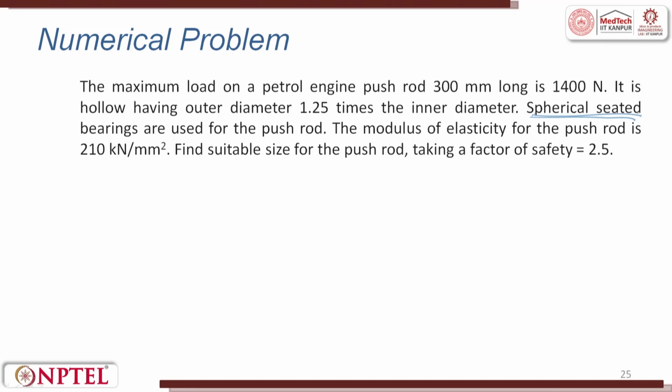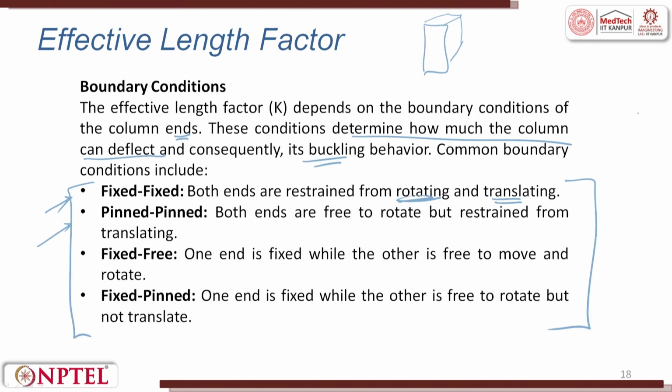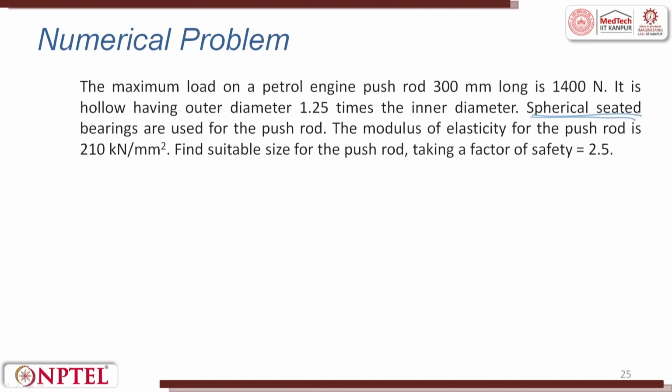Spherical seating means it is free to rotate, right. When we saw the four different types: fixed, pinned, fixed free, fixed pinned. So, what is fixed pinned? One end is fixed while the other end is free to rotate, but not translate. You should be very careful when we read the statement. The modulus of elasticity E is given. Find the suitable size of the push rod, taking the factor of safety as 2.5.